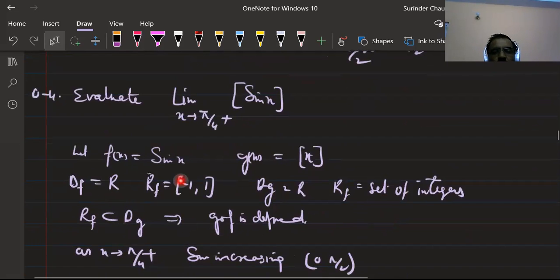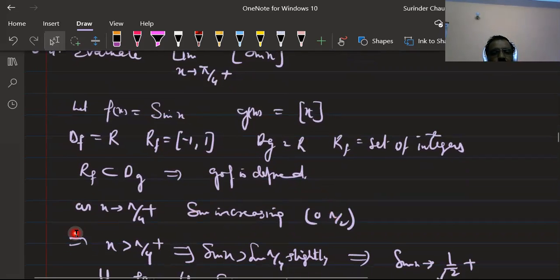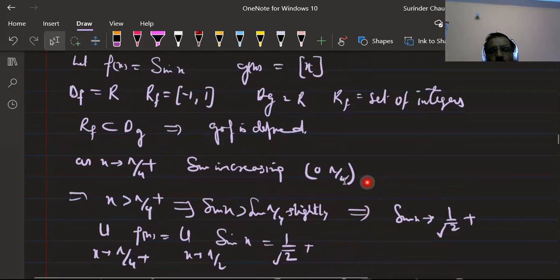Therefore, the range of sin x is a subset of the domain of the function g. Therefore, g of f is defined. As x approaches pi by 4 from positive, sin x is increasing. So now we have to convert the limit.